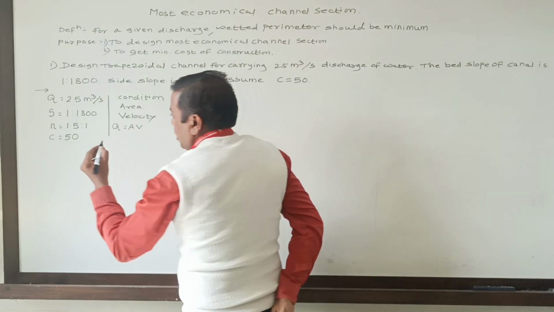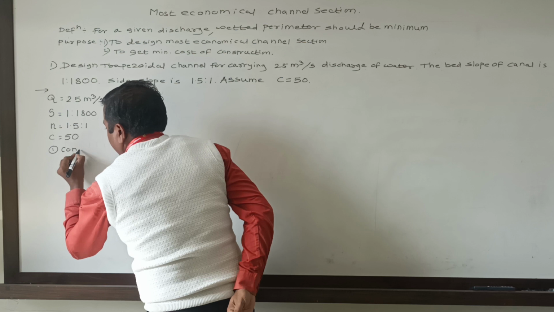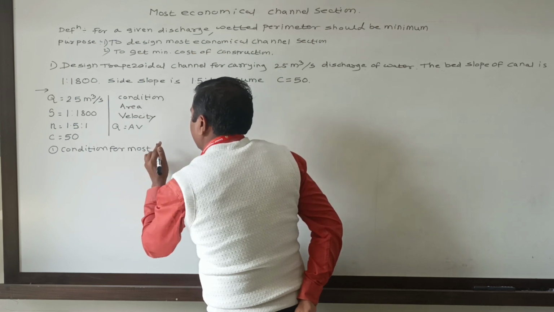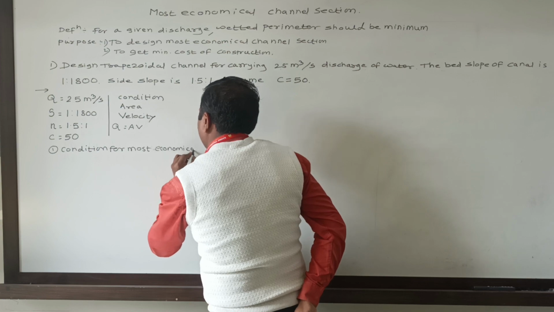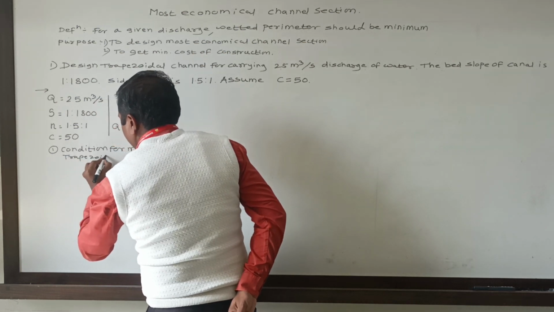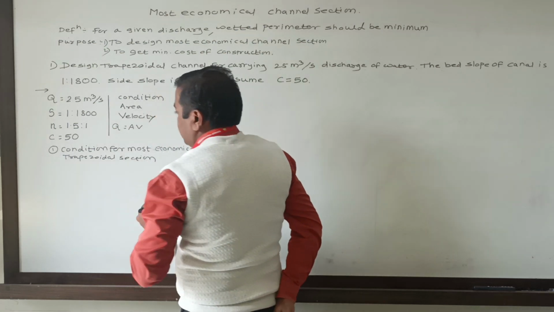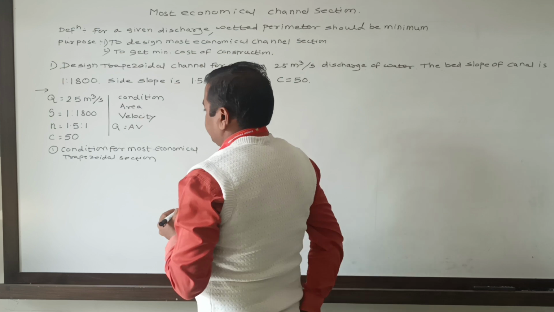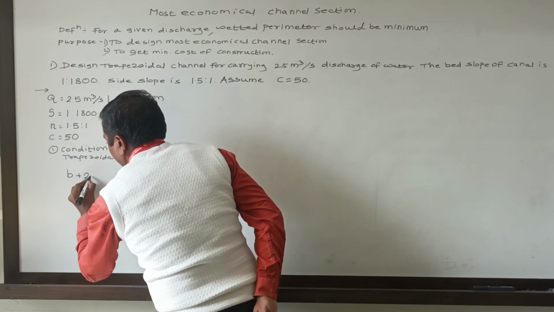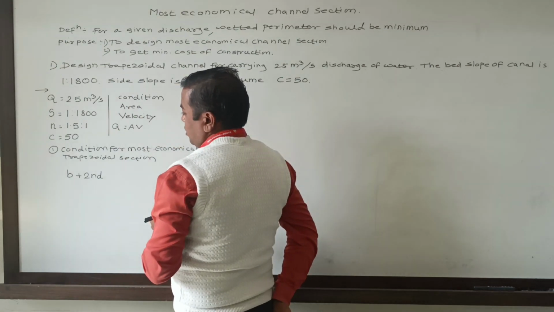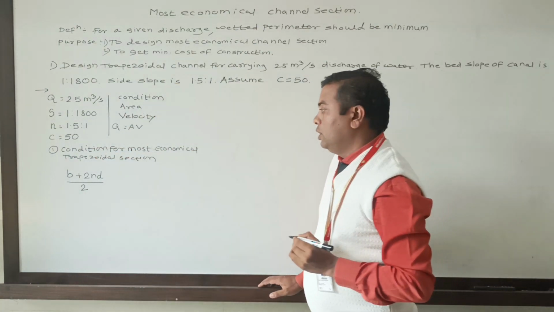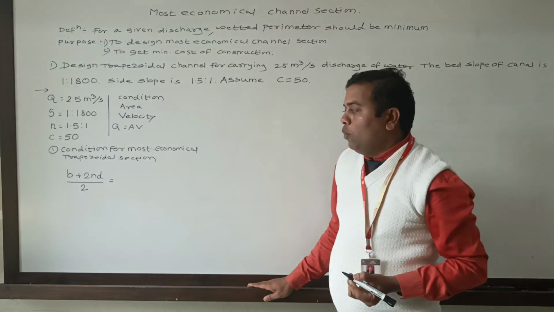First, the condition for the most economical trapezoidal section: half of top width is equal to the sloping side.